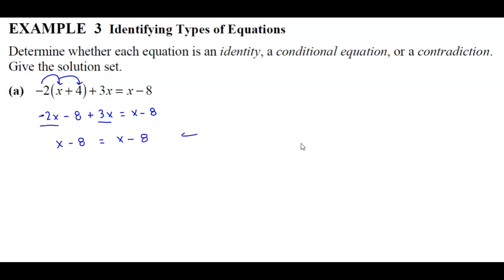Now immediately you should notice that on both sides of the equal sign, they are equal to each other. But if we go a little further, let's solve for x. So if we subtract x from both sides, we end up eliminating the x's on both sides, and we end up getting -8, which is equal to -8.